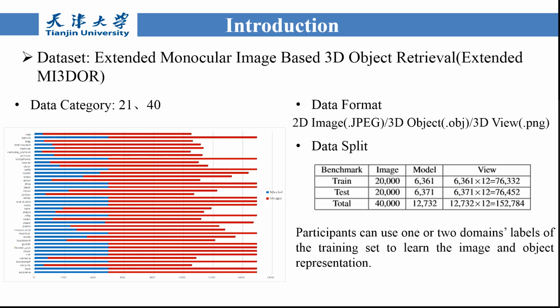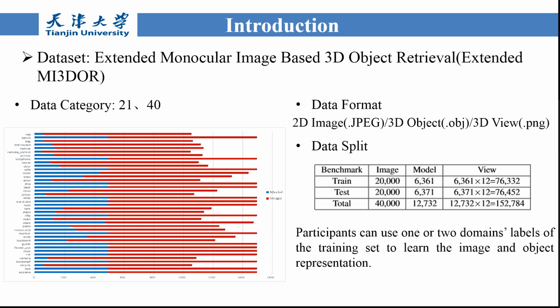Here are the details of the dataset. It has 21 and 40 categories, and the data formats we provided are JPEG for 2D images, OBJ for 3D objects, and PNG for 3D views. We use half the data as the training set with labels. The remaining data is the test set without labels.